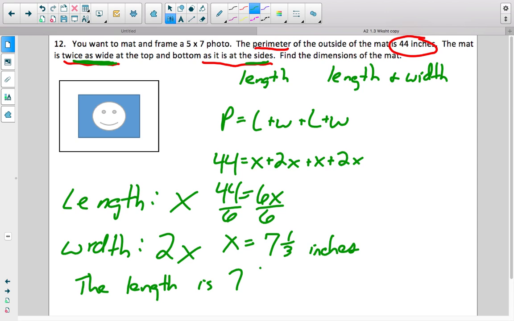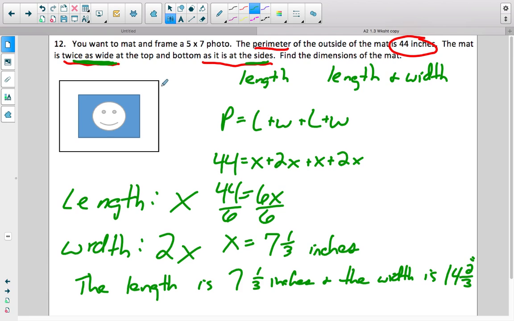The length is 7 1/3 inches, and the width is going to be twice that. Remember, the width is 2 times whatever x is. So that's going to be 14 2/3 inches. Then we've got to make sure this works out.